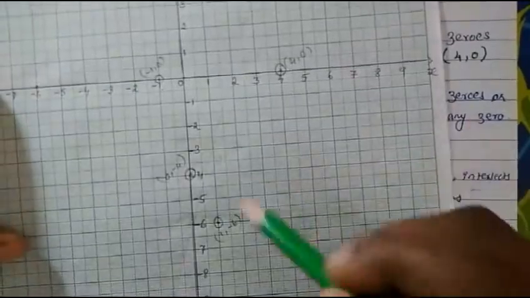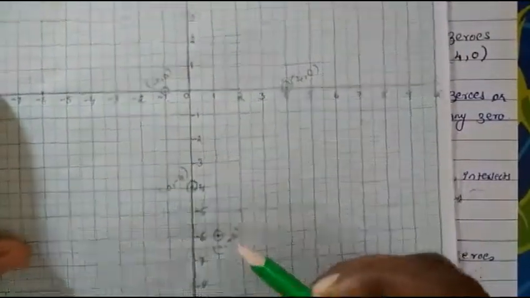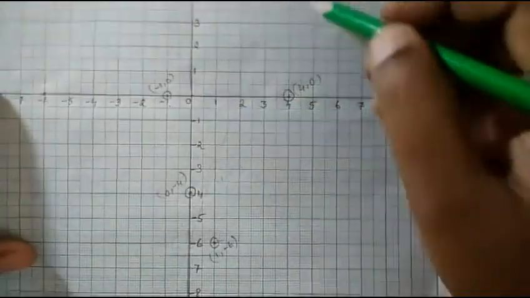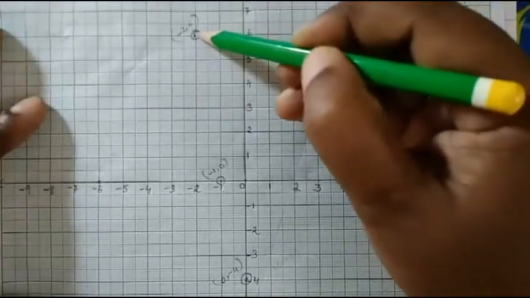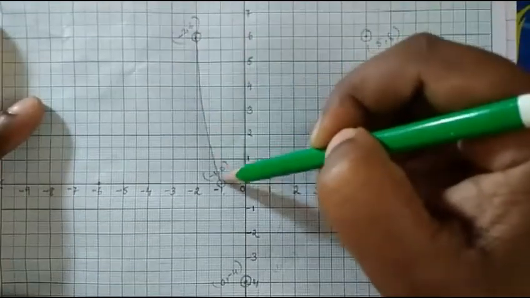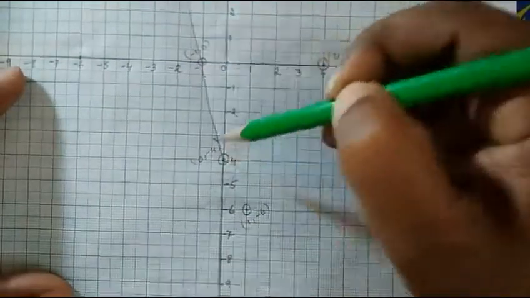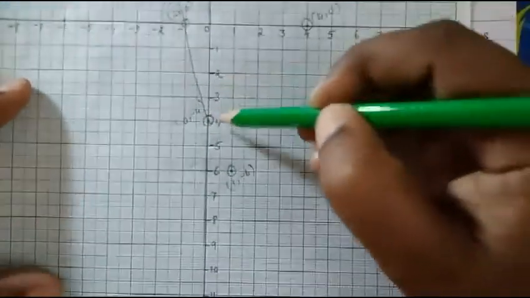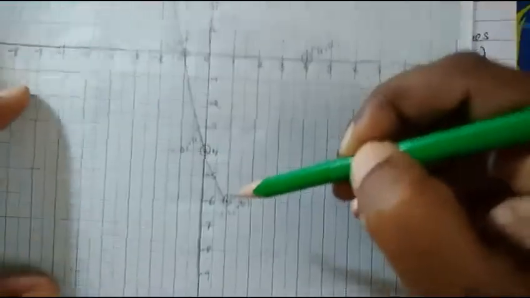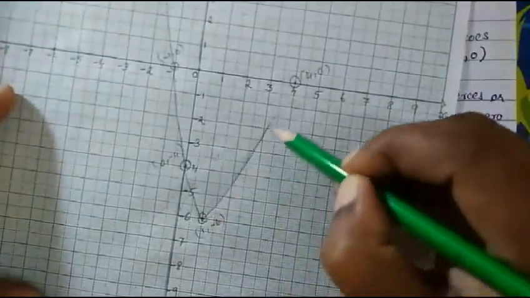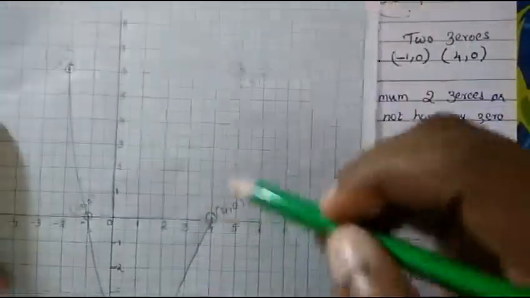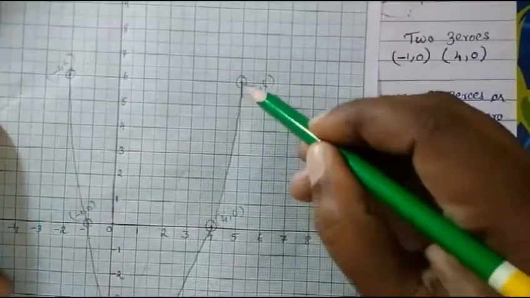So which are the points we have? Here we have a point. Here we have a point. So let us join all these points. So from here to here and then from here to here, then you have from here to here and then the points go up, then you will see up to here.